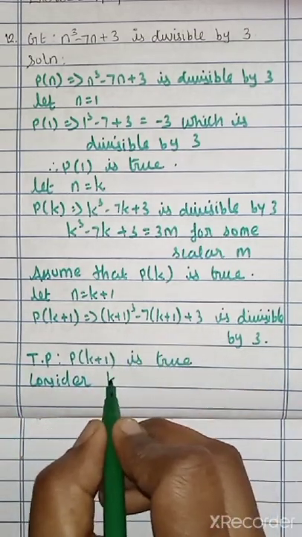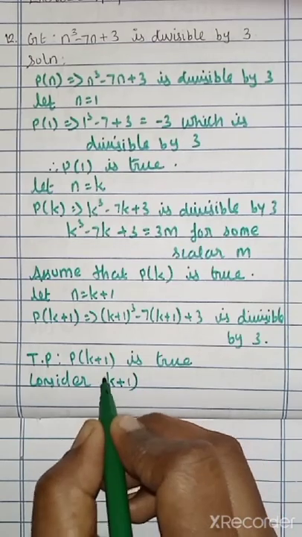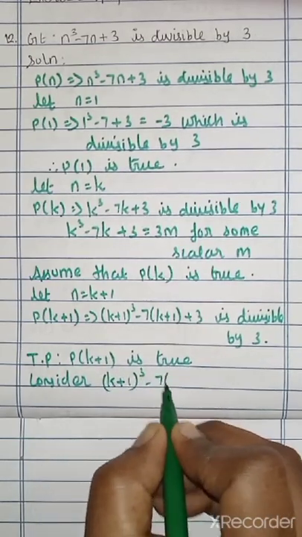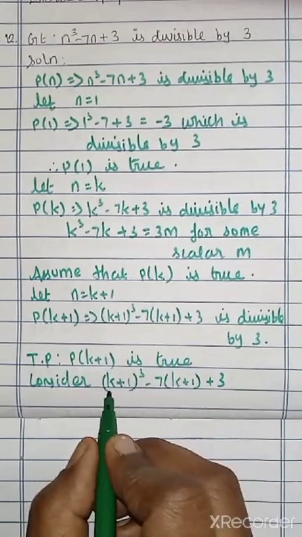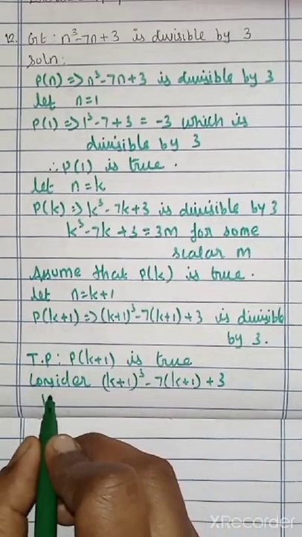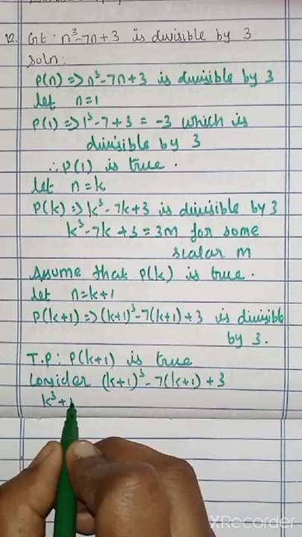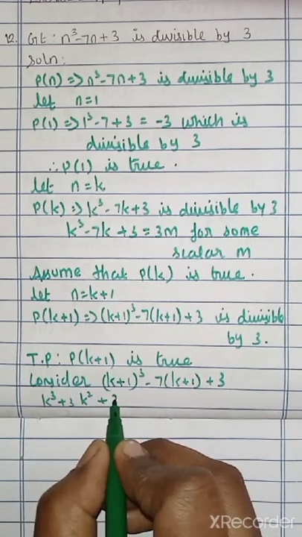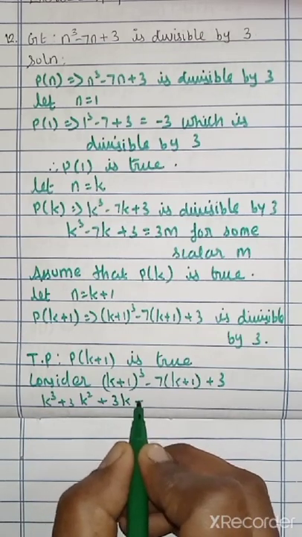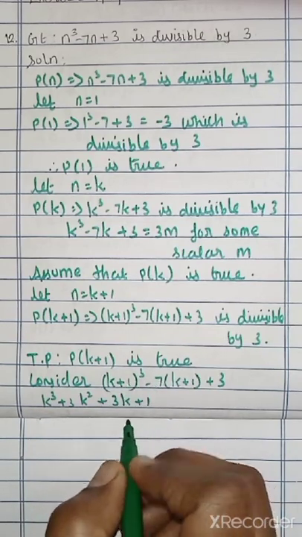Okay, so we can consider this term, k plus 1 the whole cube minus 7 into k plus 1 plus 3. Using a plus b the whole cube equals a cube plus 3a square b plus 3ab square plus b cube, 1 cube is 1, correct?